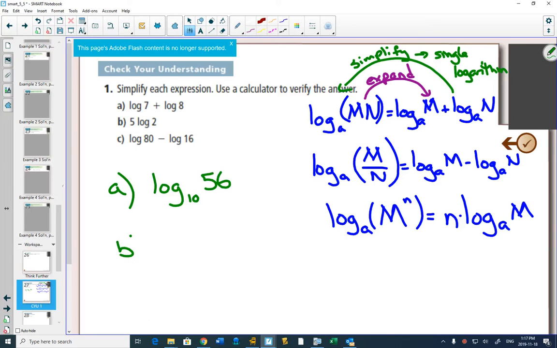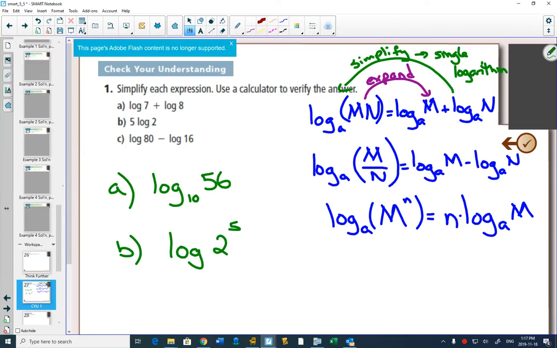So part B, 5 log 2. Again, we want to simplify, so we want to move from the right-hand side to the left-hand side. Are there any expressions where there's a number in front of a log? Yes, the last one. This n is a number in front of the log. What we can do with that is move that inside as an exponent.